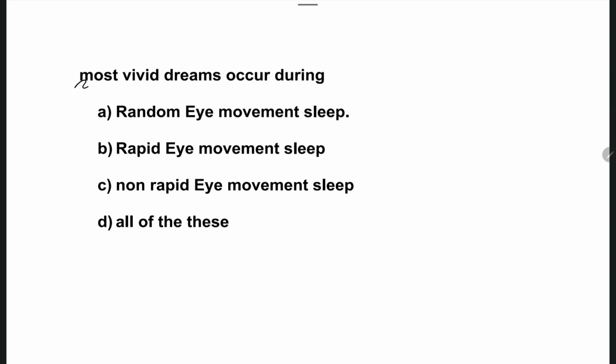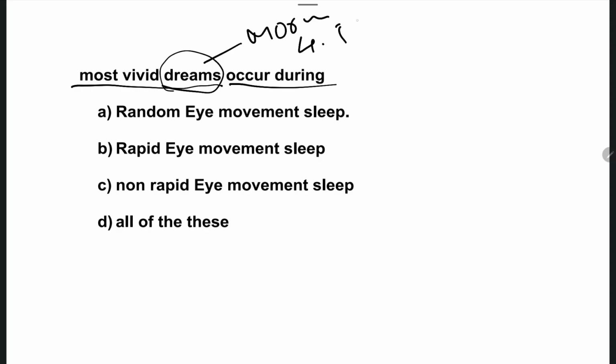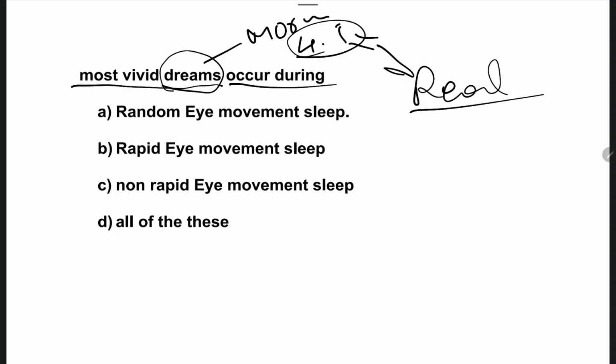The next one is, most vivid dreams occur during which type of sleep? We get dreams mostly in the early morning, 4 o'clock, 5 o'clock. Some people say that if you get a dream in the early morning, it will become real. So in which type of sleep can we get vivid dreams?